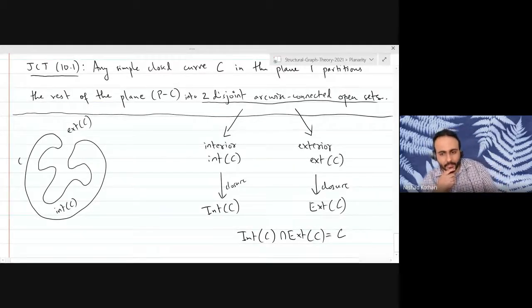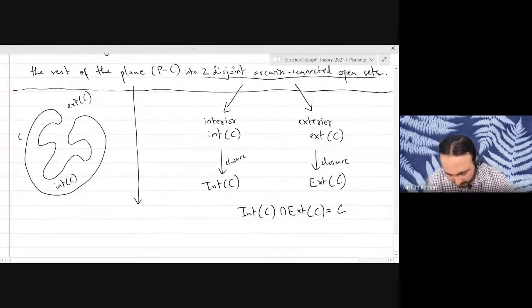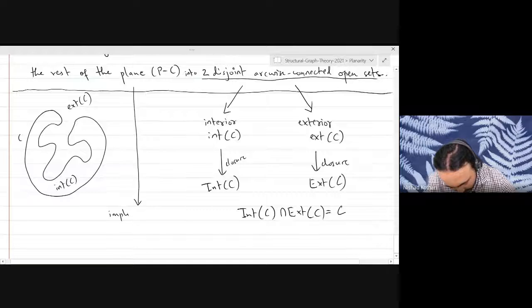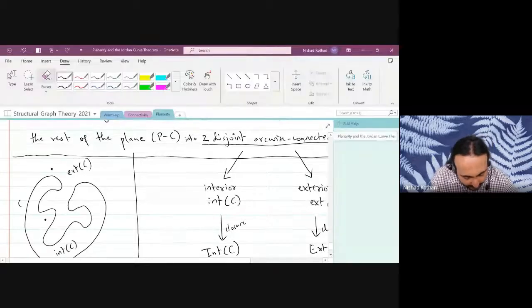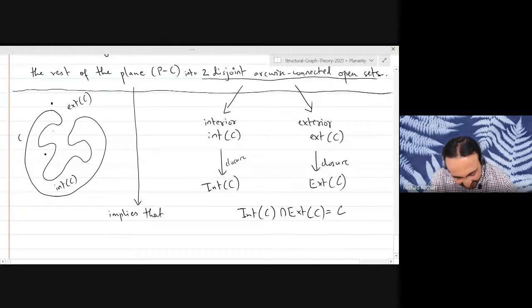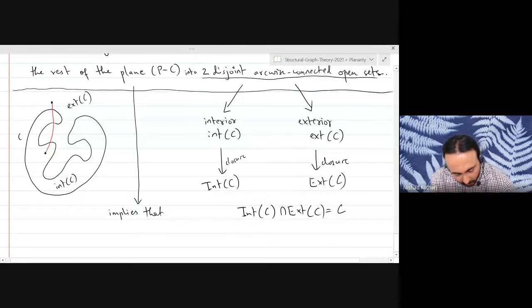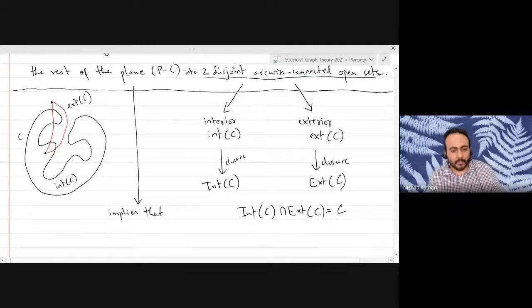Okay? And the important point to note here, one implication of this is that if you take any point in the interior, and any point in the exterior, then any arc that joins these two will have to cross the closed curve at least once, right? It could be more than once, but it could also be just exactly once. Okay.